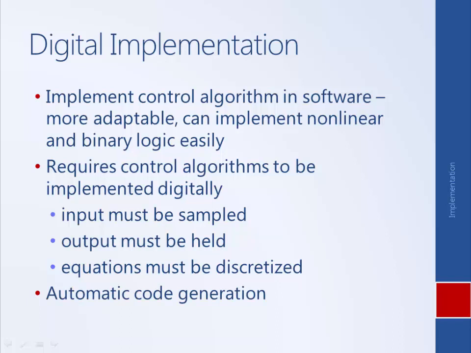Another advantage of implementing something in software, aside from its adaptability, aside from the ease with which you can implement very complicated logic, is that it can also be generated automatically. So typically a lot of control system development is done in Simulink or some other program, a high-level software environment that's suited to controls development and simulation, and even hardware-in-the-loop testing.